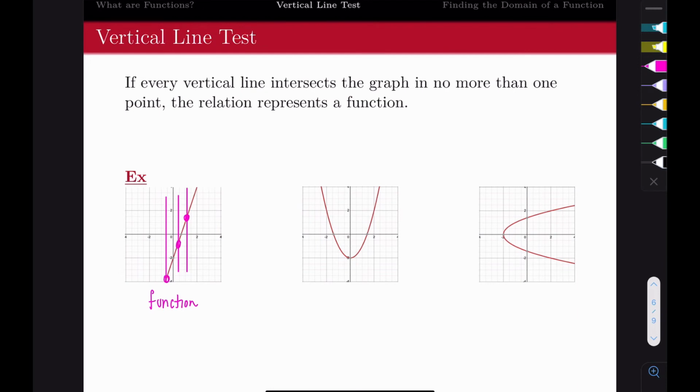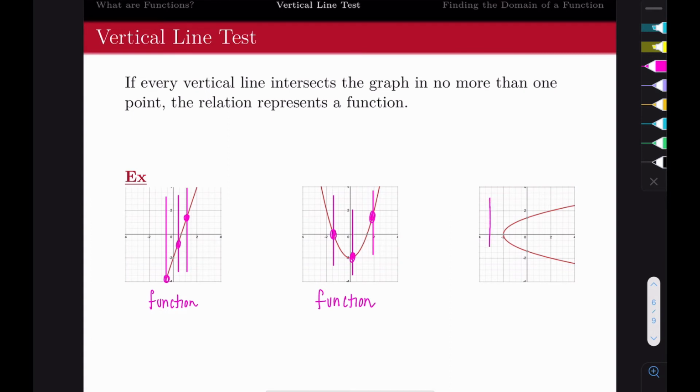Same thing for the second example. We draw a vertical line, it hits in one spot. Every single time you draw a vertical line, it'll be a single spot where it hits. So this one is also a function.